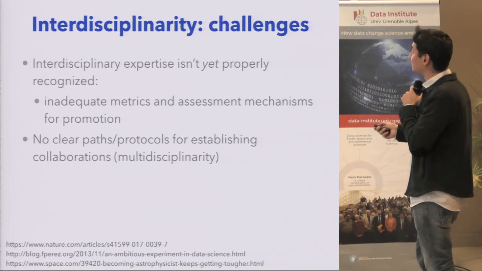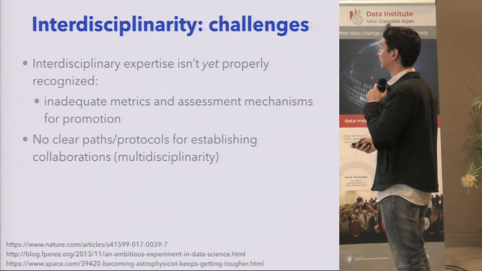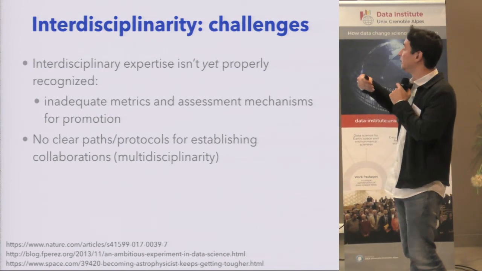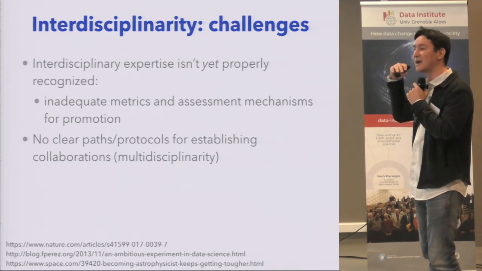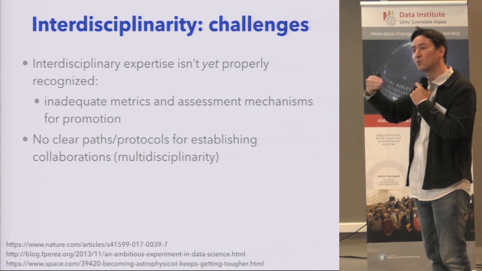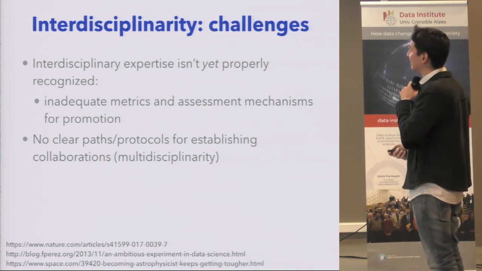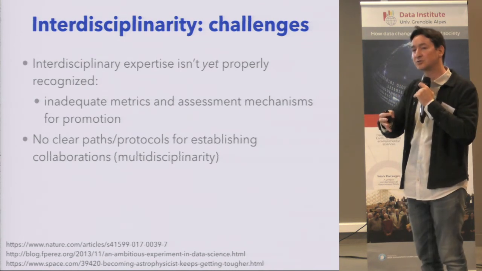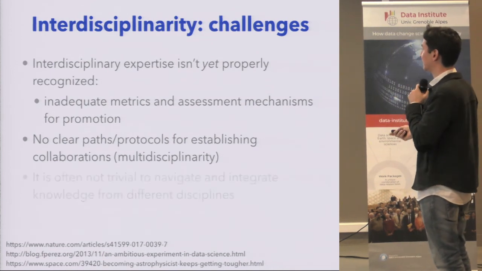There are no clear paths or protocols for actually establishing collaborations. So usually for a scientist in the astrophysical lab, computation is just an afterthought. That's not something they will invest a lot of time in, right? And for some methodologists, the applications are also an afterthought. So that's something to think about.